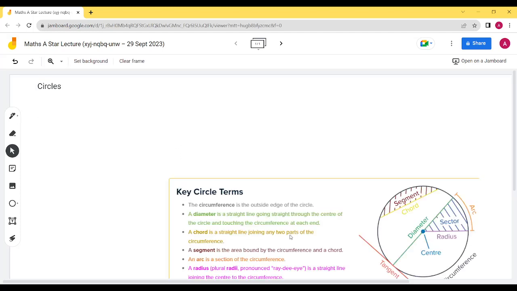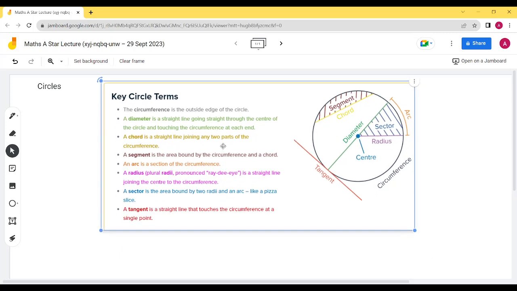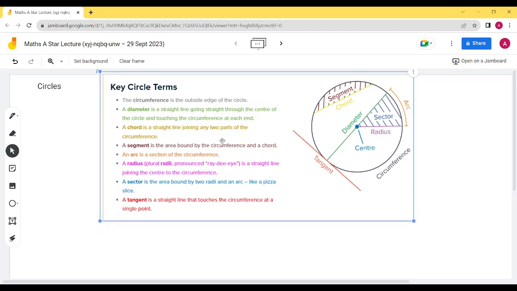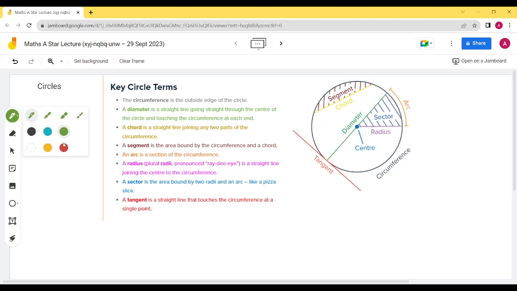We've got a big diagram here of a circle, and any of this vocabulary could come up, but some of it you might just have to recognize. So for example, tangent, you're unlikely to get a question on. I would say the most important basics are the circumference, which just means round the outside.